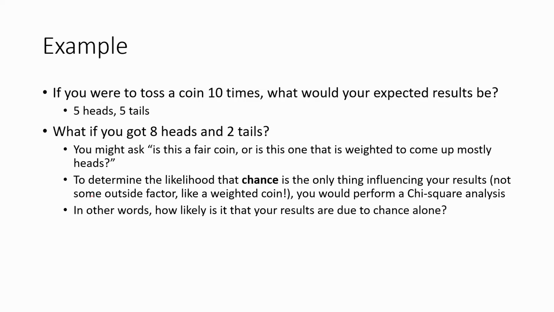You expect to get an equal number of heads and tails, right? Flip a coin 10 times, you're supposed to get 5 heads, 5 tails, assuming that the outcome is random. If you have a random outcome and two possible outcomes, you're supposed to get equal possibilities, right? Now, what if you got 8 heads and 2 tails?